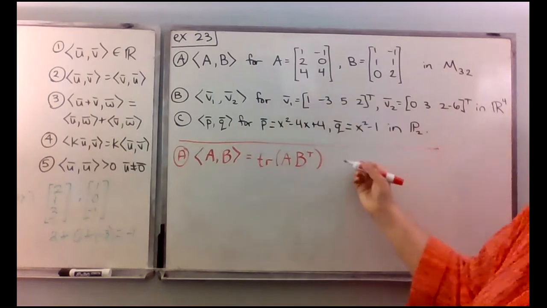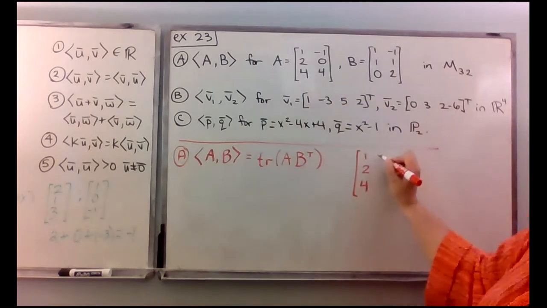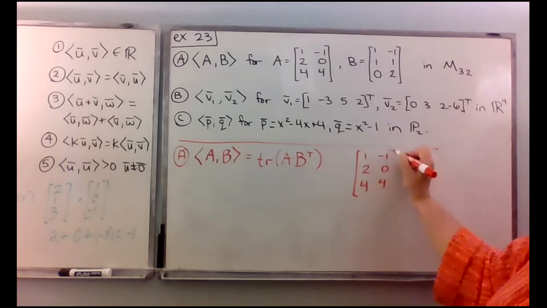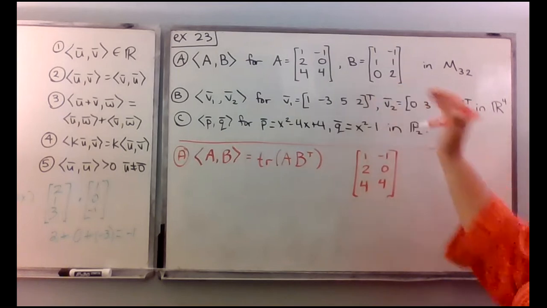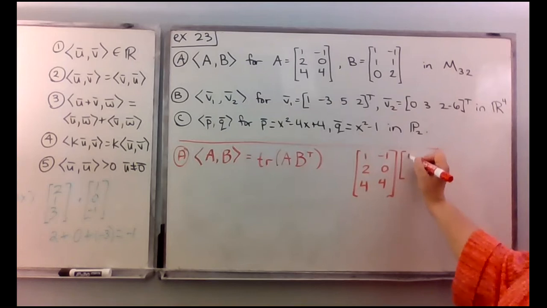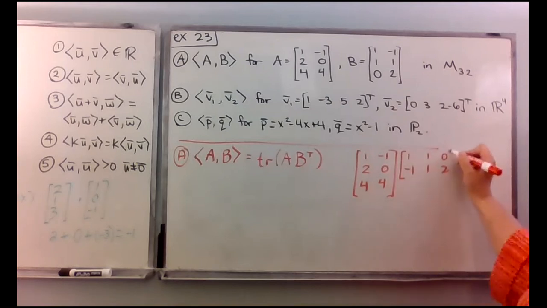A is going to stay the same, so we have 1, 2, 4, -1, 0, 4. And then for B, we're going to find its transpose. Instead of a 3x2, we're going to get a 2x3. So we get 1, -1, 1, 1, and 0, 2.